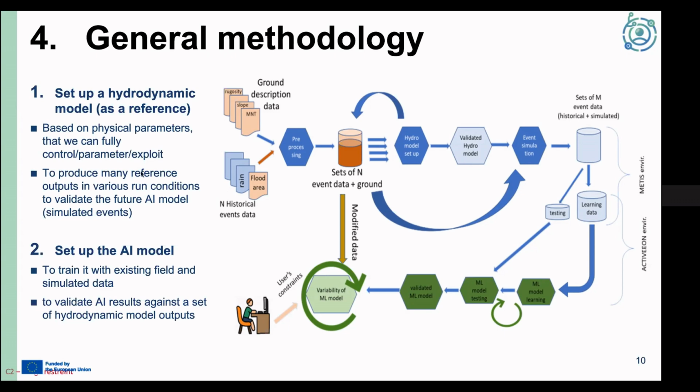So first, what we are going to do is to create a workflow with our hydrodynamic model with topographic data, flood events, and then to simulate with our hydrodynamic models. Once we have the outputs, these outputs will be used to set up our different AI models. It will be our ground truth and also our validation data.